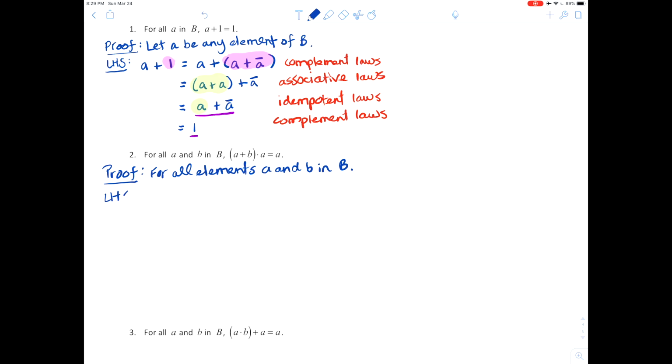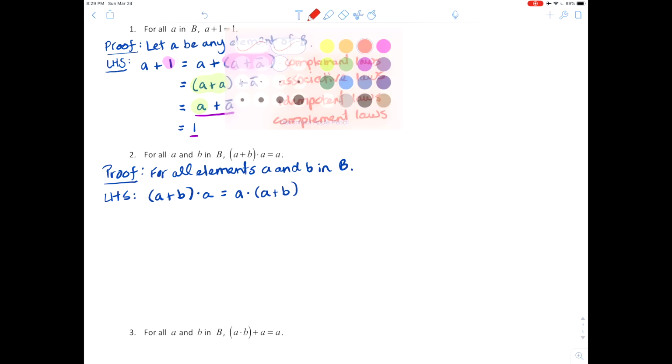Our left-hand side will be the quantity A or B and A. So what is that equal to? Well, we don't quite have something there. We don't have a distributive that way, but can't we commute them? And then we can apply the distributive law in the next step.